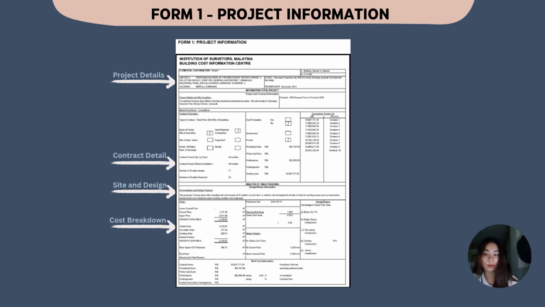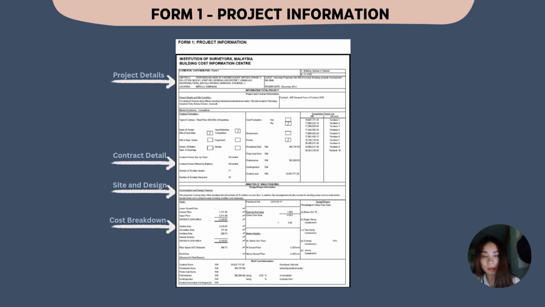The floor-to-floor height is 4,200 at ground level and 6,300 above ground floor. Provisional sum amounts to 965,776.50, while preliminaries are stated at 982,890, which is 5% of the contract sum.